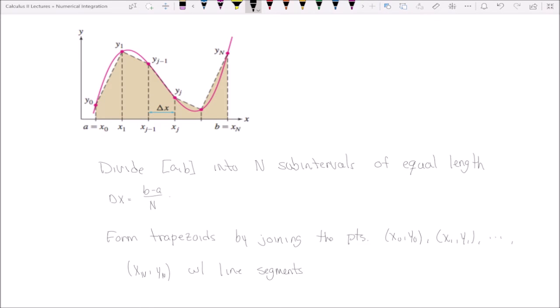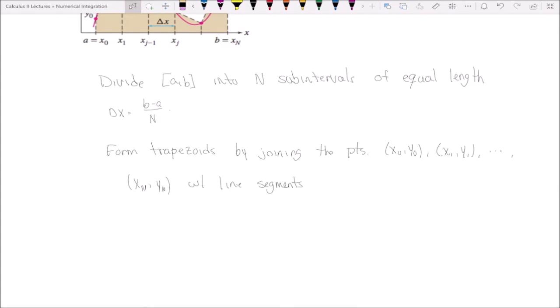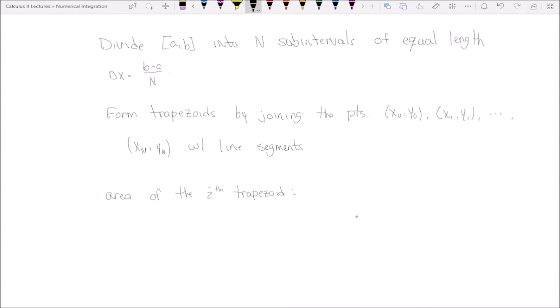All right? Now, area of a trapezoid. Specifically, the area of our ith trapezoid is given as 1/2 delta x, the base, times y sub i plus 1 plus y sub i.